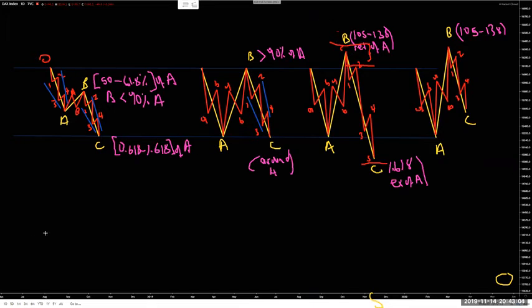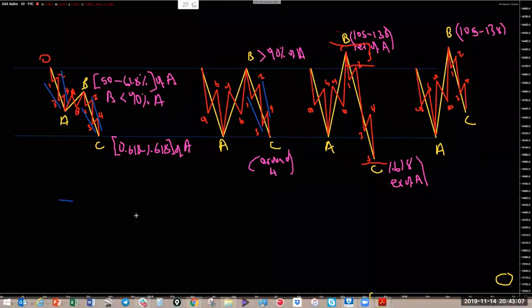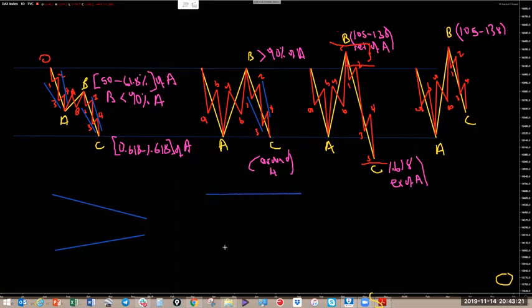Let's draw its boundaries. You've got a triangle with a flat top and an ascending bottom. You've got a triangle with a descending top and a flat bottom. All of these are valid triangles.